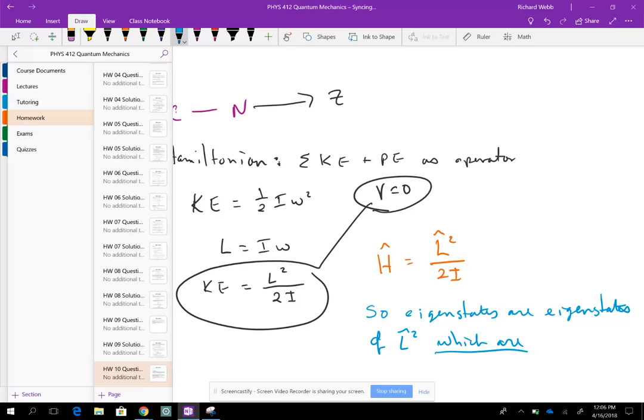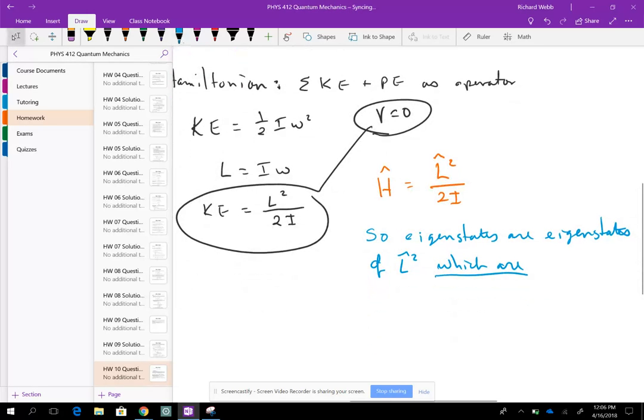What do we call the eigenstates of L squared? The angular momentum is L, but the eigenstates of L squared.